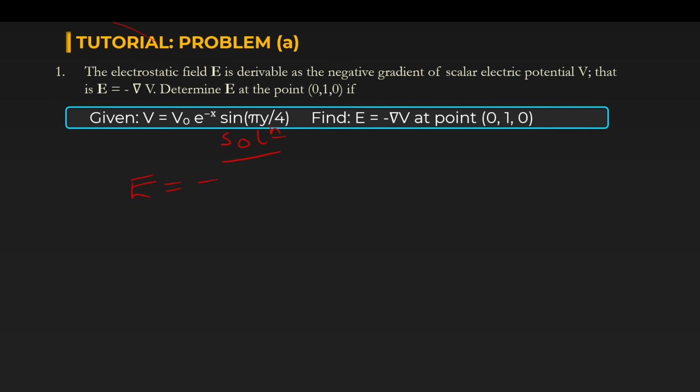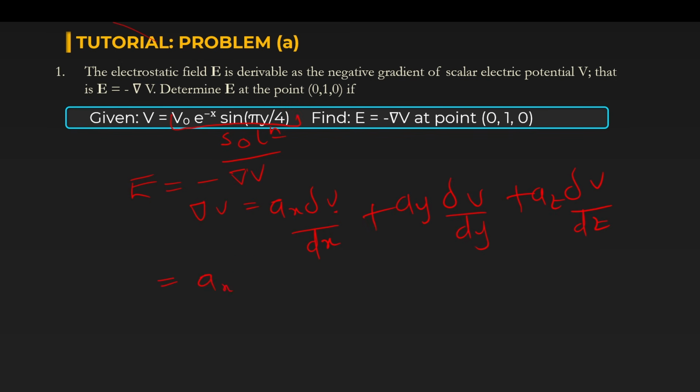So E is equal to negative gradient of V. So what's the gradient of V? In Cartesian, we have a_x. Now V is equal to this, so I'm going to put V here.